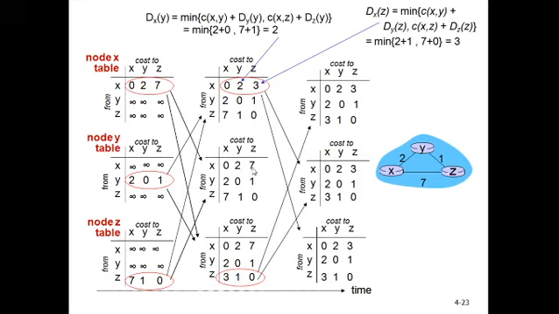So 0 2 7 and 7 1 0. After sharing these two pieces of information, when Y recomputes its table and distances to X, Y and Z, it doesn't find any shorter distance. That is why it remains the same. You can calculate it on your own, that 2 0 1 are the minimum costs to X, Y and Z respectively.